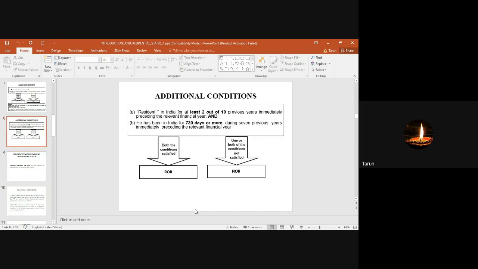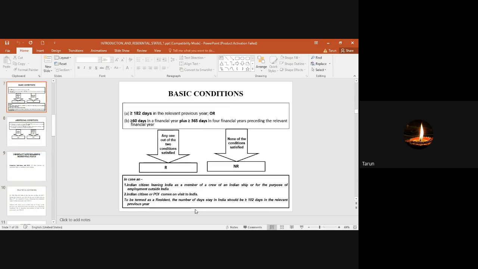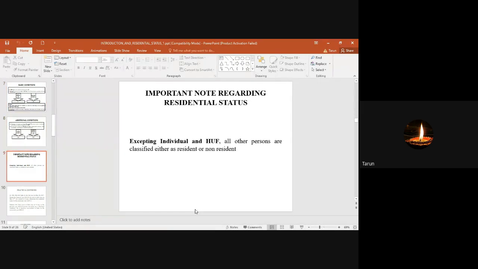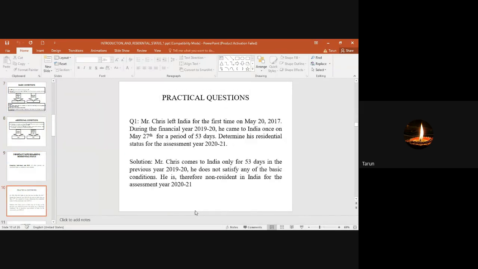The basic conditions: a particular individual has to spend 182 days or more in the relevant previous year, or more than 60 days in the relevant year plus 365 days in the preceding four years.